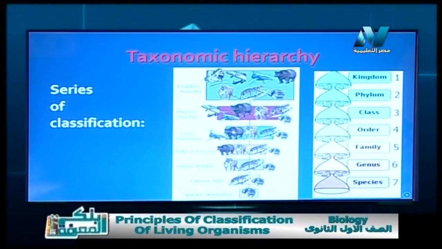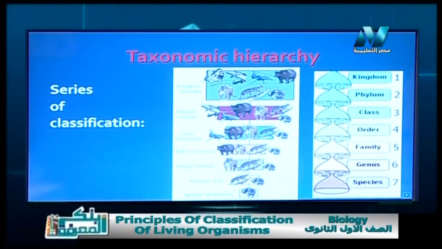One class can be classified into orders, and each order can be divided into families, and each family can be divided into genera, and each genus can be divided into species.